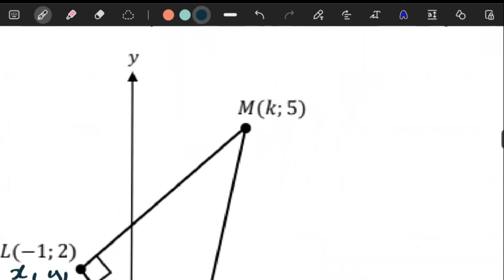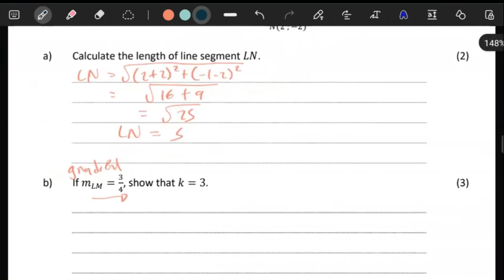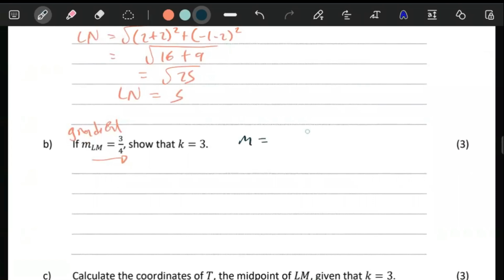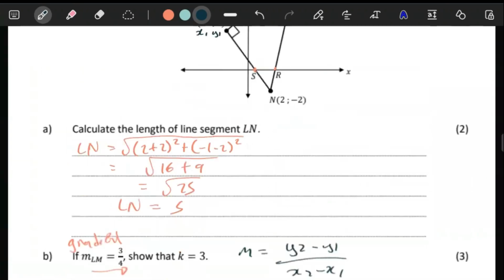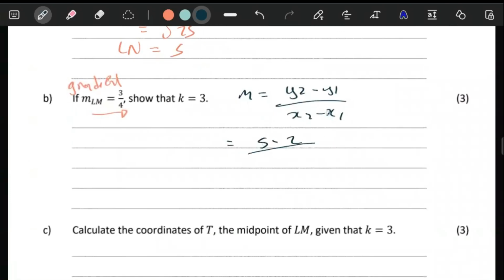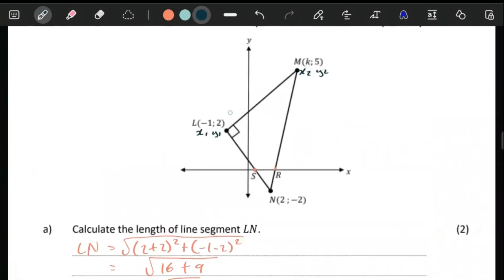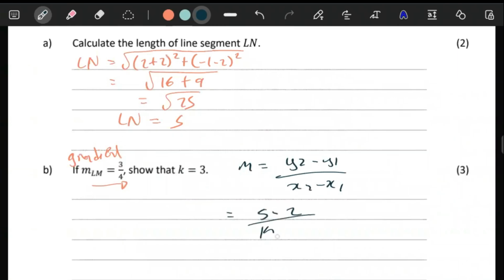You can make this x1, y1, x2, y2. Your gradient formula is going to be y2 minus y1 over x2 minus x1, right? So you can say here 5 minus 2, and then here k minus negative 1. So it's going to be k plus 1.